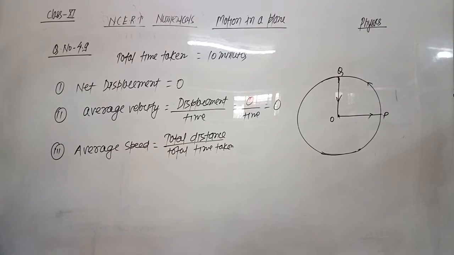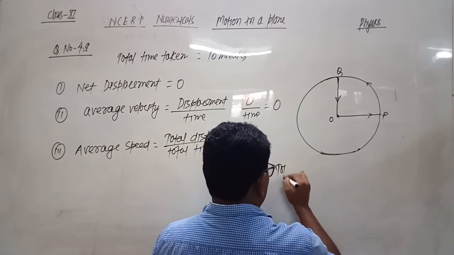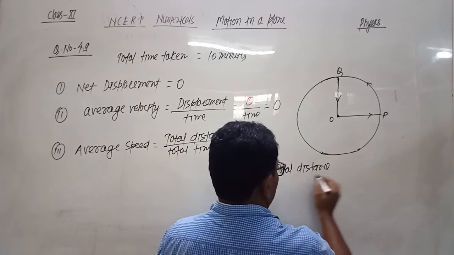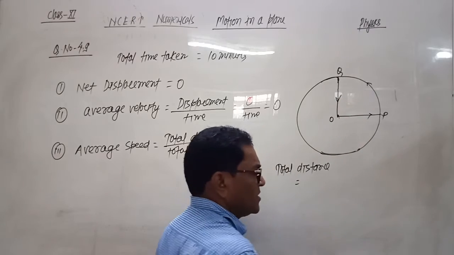So we calculate the distance traveled. The distance traveled is the total distance covered in going from O to P, P to Q, and again from Q to O.